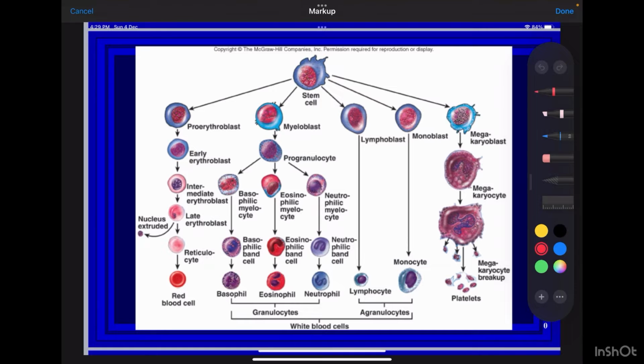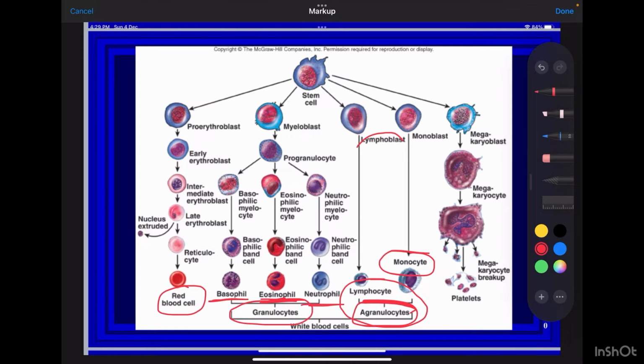Okay, the types of blood cells that we're going to get from the stem cell are, firstly, the red blood cell, and the granulocytes. This is a type of leukocyte: basophil, eosinophil, neutrophil. And we have lymphocytes right here, and we will get a monocyte that later develops into a macrophage.